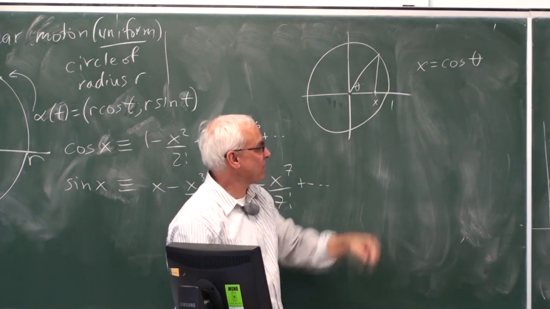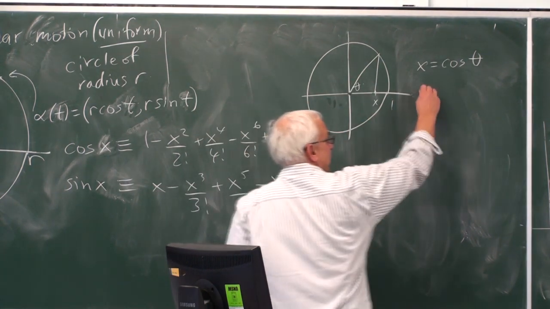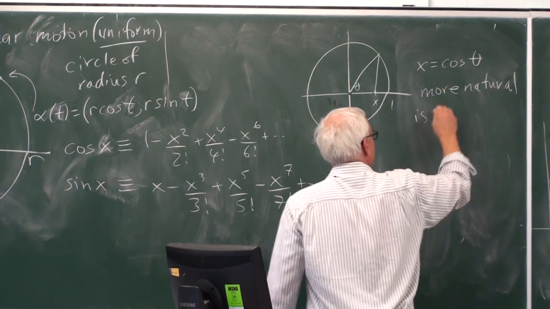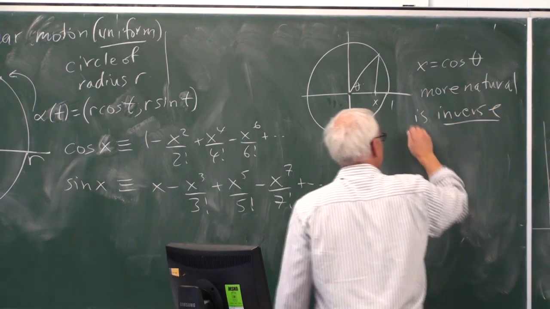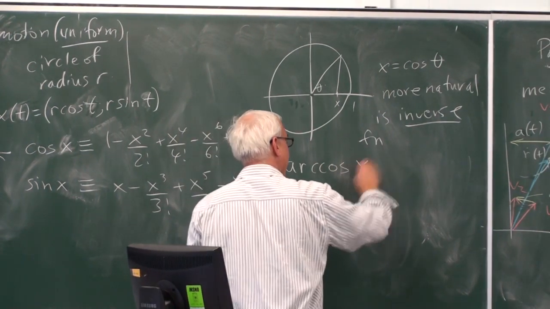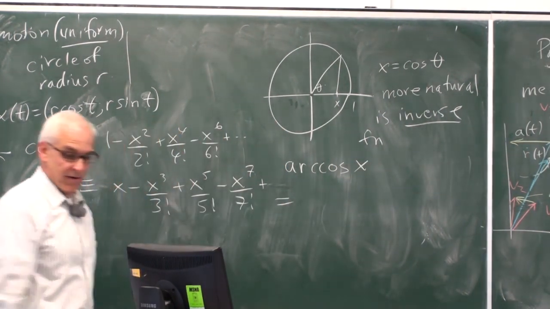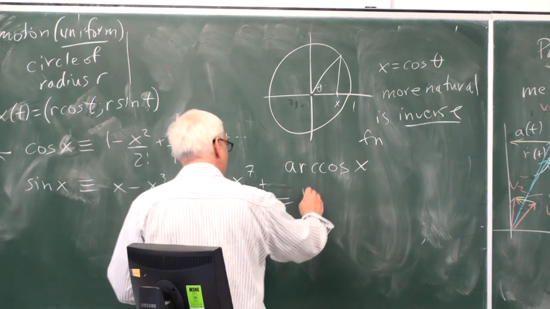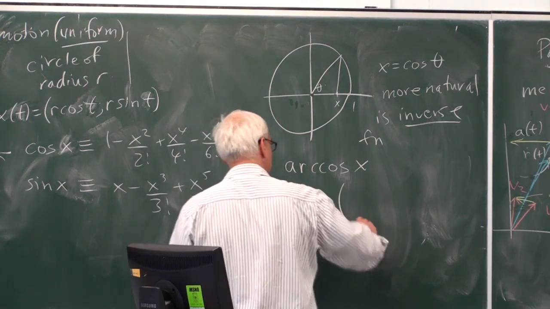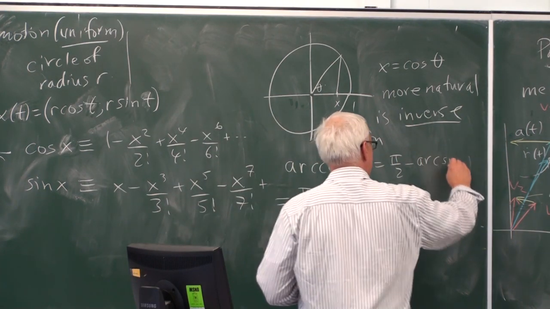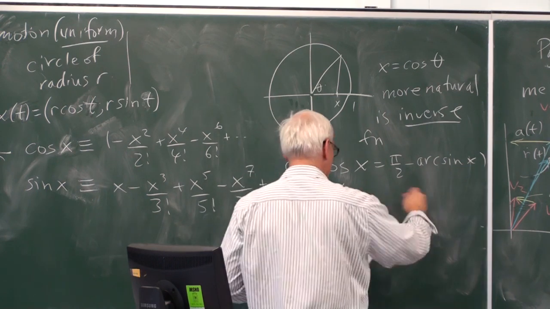So the inverse function is really more natural geometrically, which is arc cosine of x, which is usually not as well remembered by undergraduates, and I always have to remind myself what it is. It is pi over 2 minus arc sine of x. So what follows here is arc sine of x.